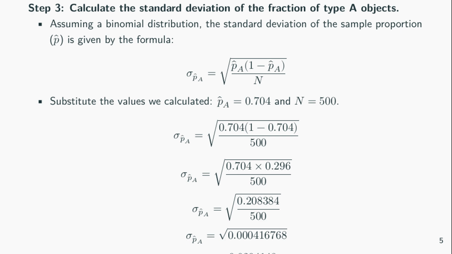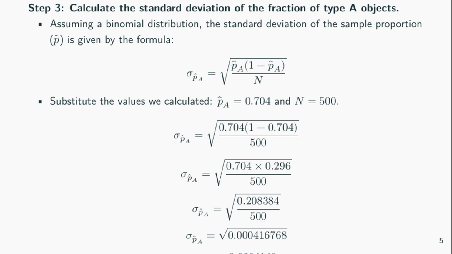Let's plug in the values we found. P hat A is 0.704 and N is 500. So sigma P hat A equals the square root of the fraction with 0.704 times open parenthesis, 1 minus 0.704, close parenthesis on top, and 500 on the bottom. That simplifies inside the square root to 0.704 times 0.296 divided by 500. Multiplying 0.704 times 0.296 gives us 0.208384.